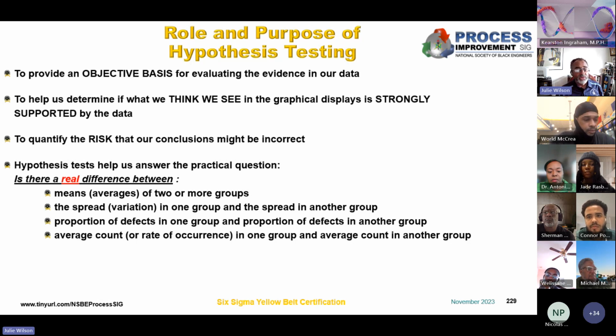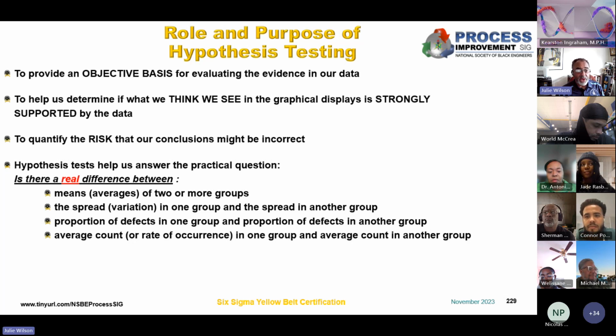Remember, we're not doing 100% testing. We're always going to be using the analysis of a sample to draw a conclusion about the whole population. But hypothesis testing tells us the risk of having drawn the wrong conclusion.